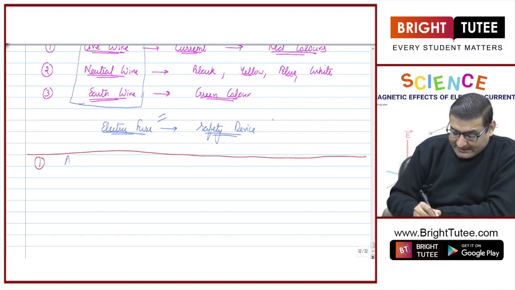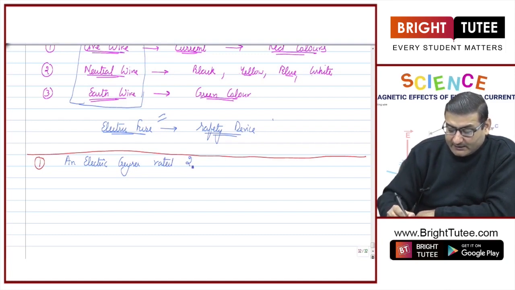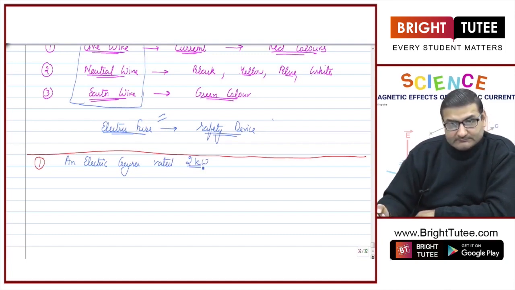The first question is an electric oven or an electric geyser or any appliance, rated 2 kilowatts.